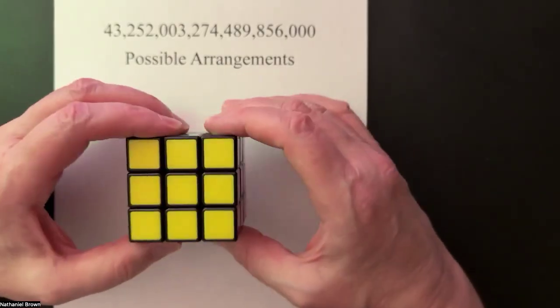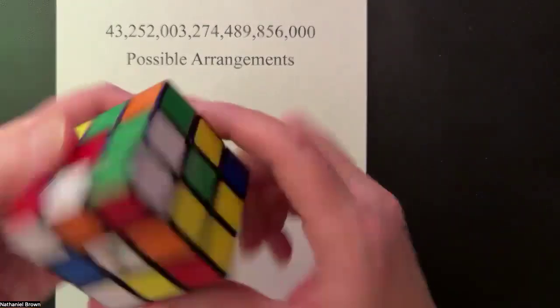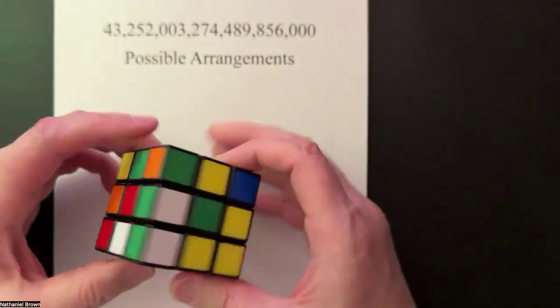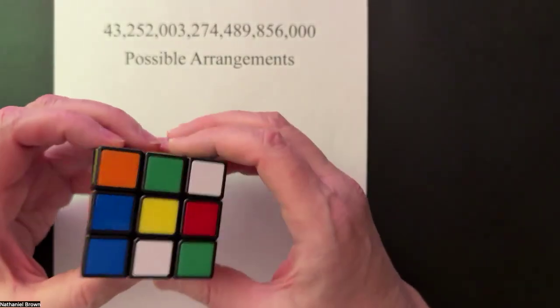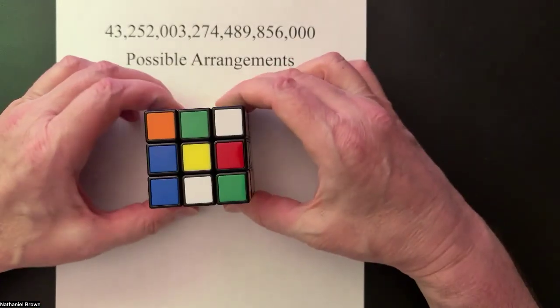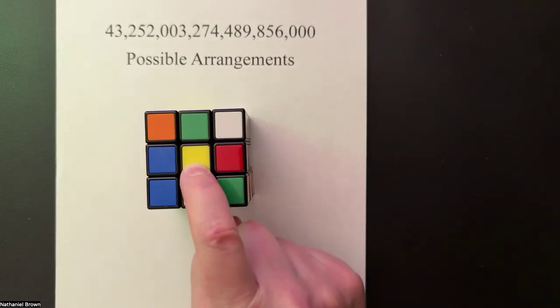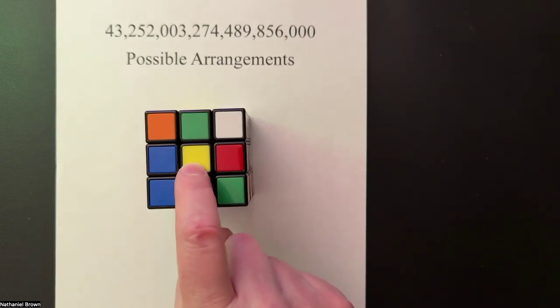Now, the other thing to notice, or you may have wondered, this is the mixed up one, how do you know which side of the cube is supposed to be yellow? And the answer is the color of the center cube always determines the color of the face, right?